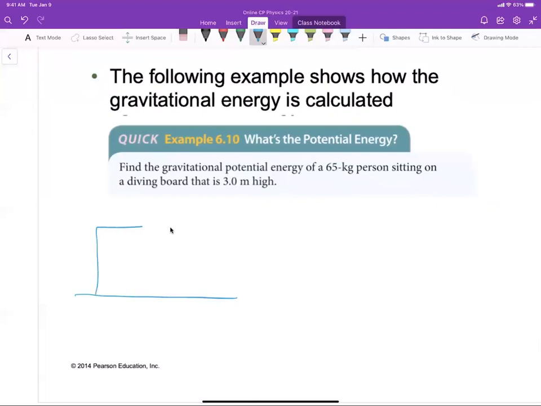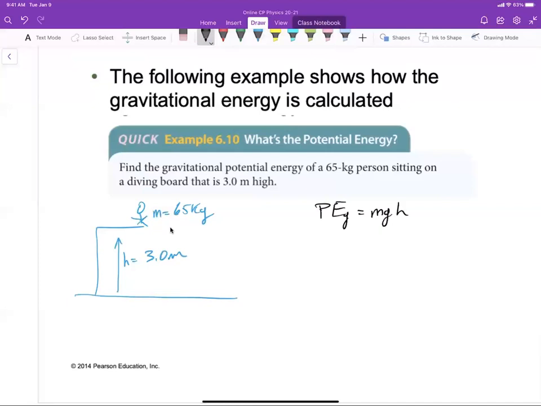They are sitting on a diving board, and we were told that the mass of the person is 65 kilograms, and this height is equal to 3 meters. Now, we've been asked for the gravitational potential energy that this person has. So the equation for that is mgh.